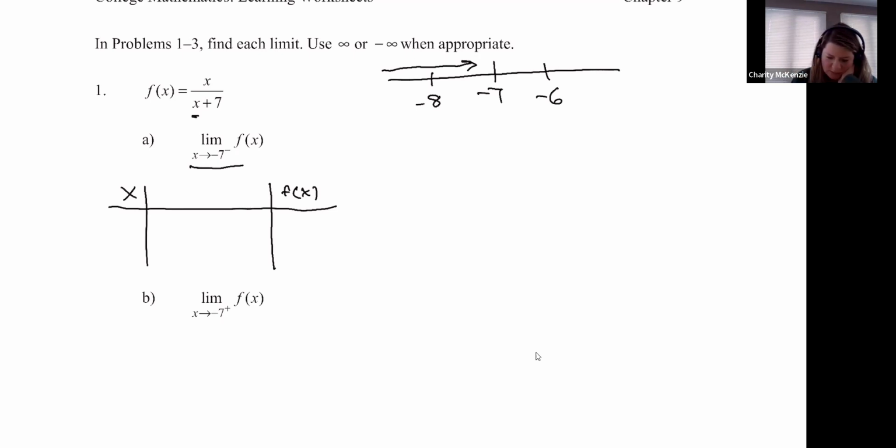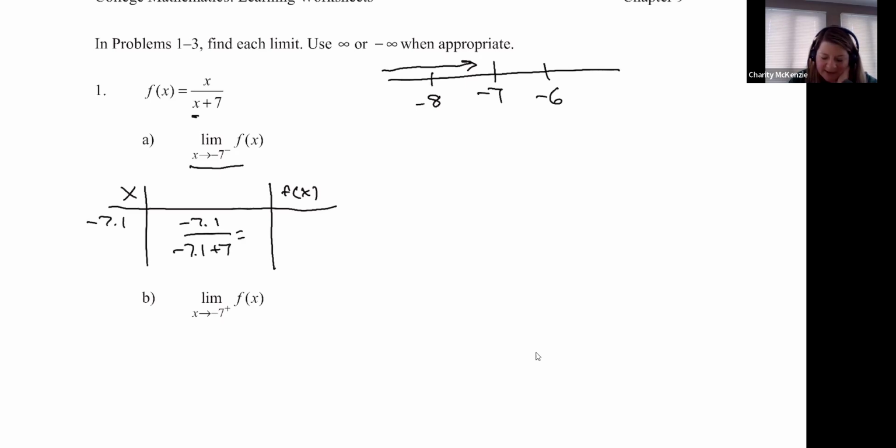-7.1, right? Because it's on this side and they're getting bigger this way. And so let's put that value in and just see what we get. So we're going to put in a -7.1 on the top and then -7.1 on the bottom plus the 7.